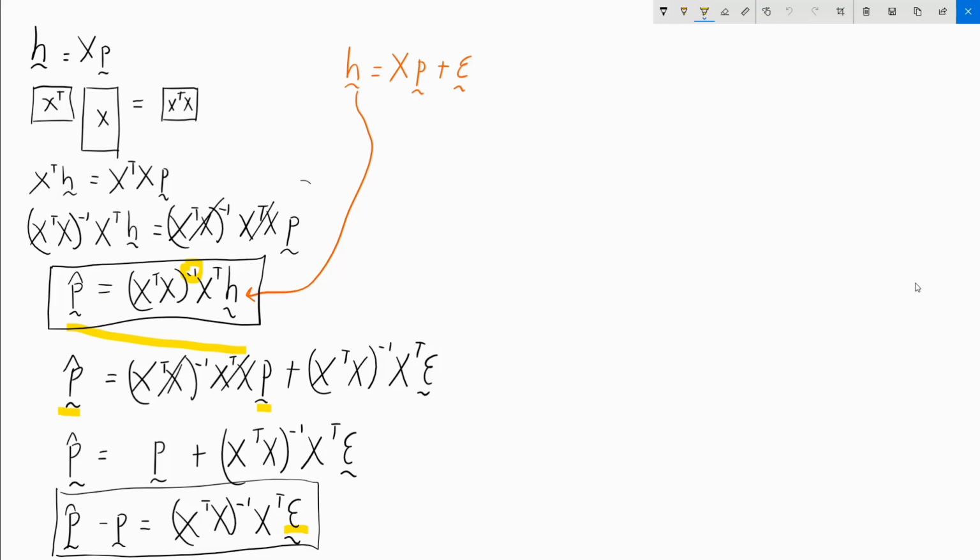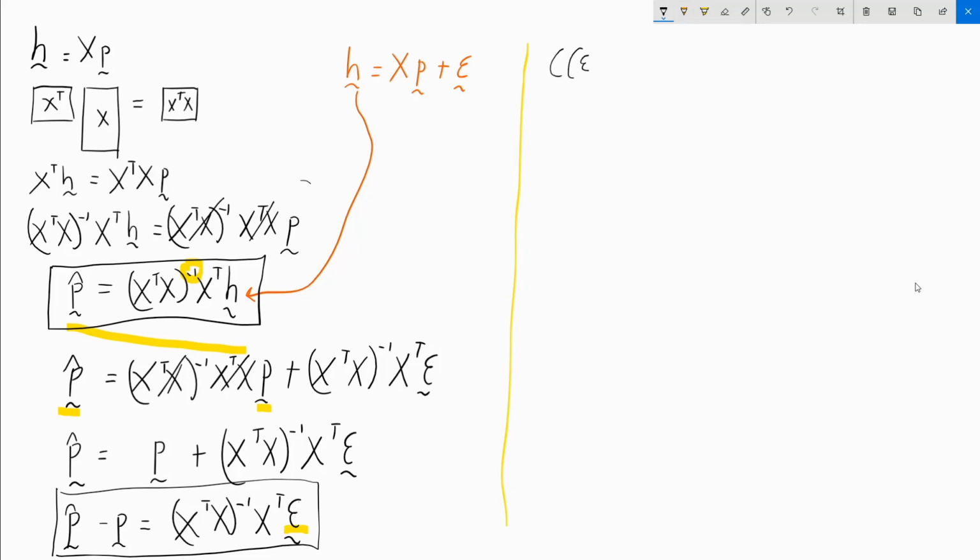So let's continue with this process. We have an equation for our parameter error, but we can't actually use that equation because we don't know epsilon. However, ideally, and I'll draw a line down here, ideally we do know, if not epsilon, we do know C epsilon.